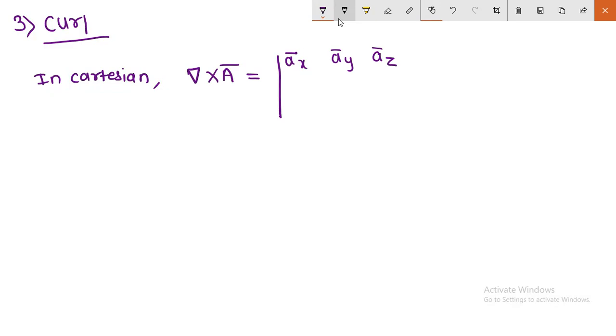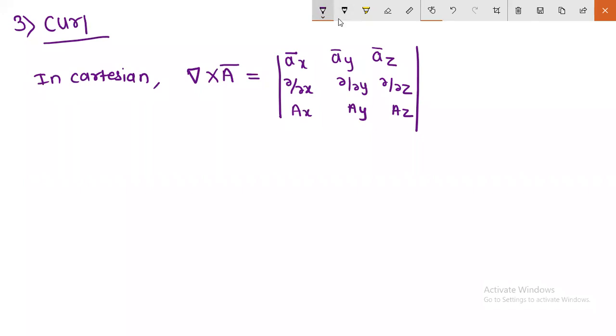Then partial differentiation: dabba upon dabba x, dabba upon dabba y, and dabba upon dabba z. Then we take the coefficients: the first one is ax, then ay, and third is az. This is for the Cartesian system only.